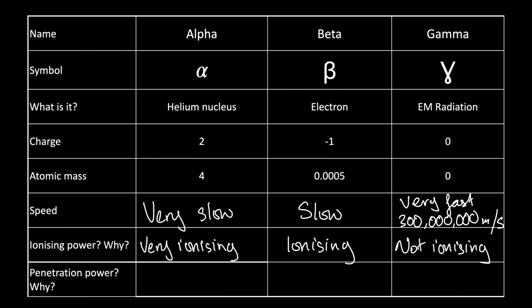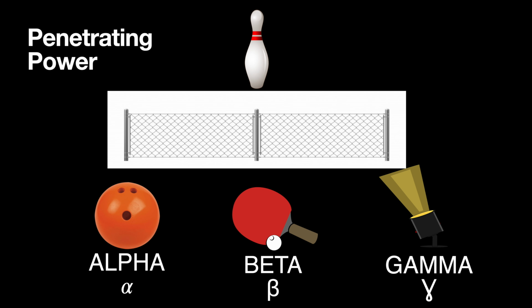Now let's try and fill in the bottom row about penetration power. Now, here we have a similar situation to what we saw before, but we have a fence blocking it. You can imagine the bowling ball will not be able to pass through this fence.